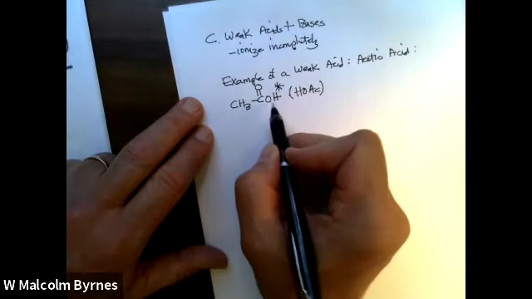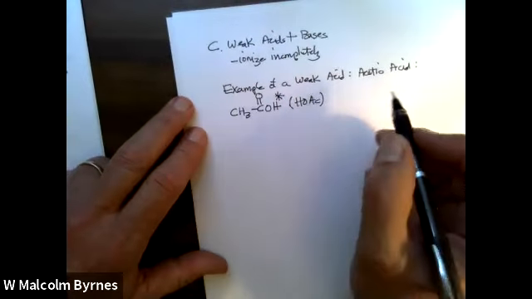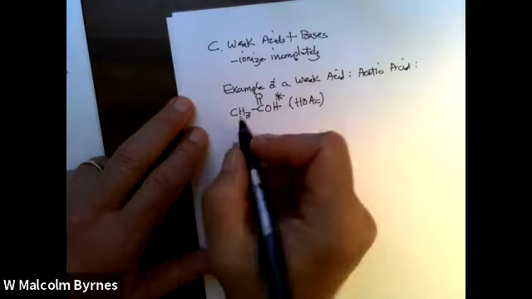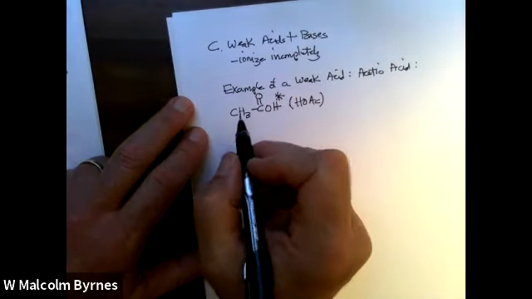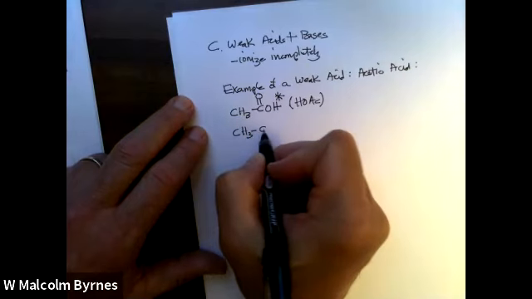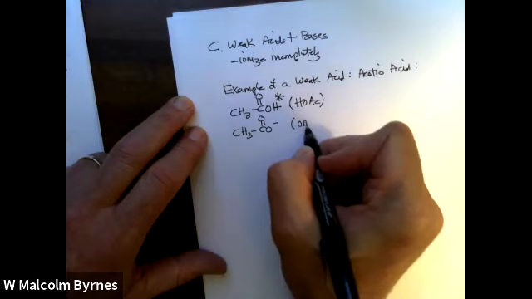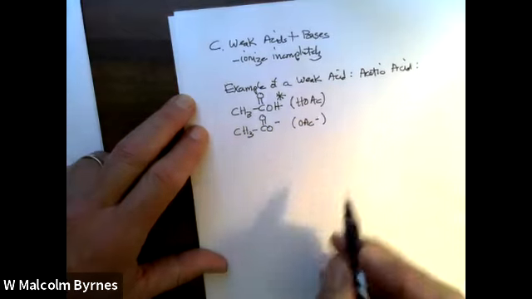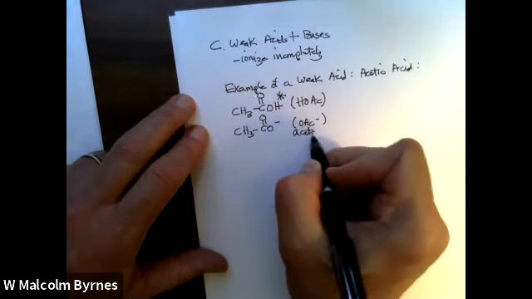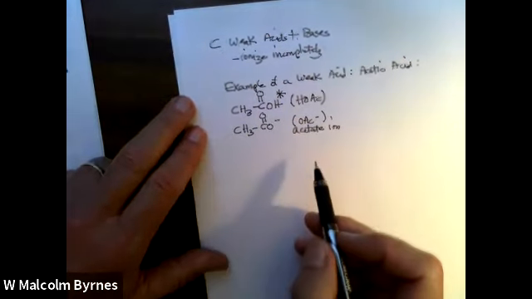And when it's lost, it gives an acetate ion, which we can call OAc minus. So this is what the acetate ion looks like. That's the conjugate base of acetic acid.